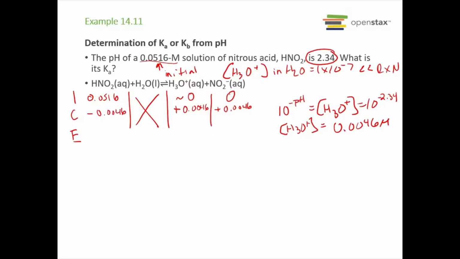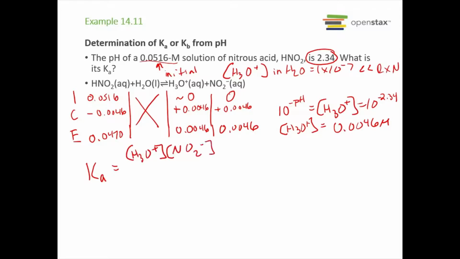So our equilibrium concentrations then of HNO2, 0.0516 minus 0.0046. This is 0.0470. For hydronium, it's 0.0046, and for NO2, it's 0.0046. So then our Ka for this reaction is equal to hydronium times the conjugate base, NO2, divided by HNO2.